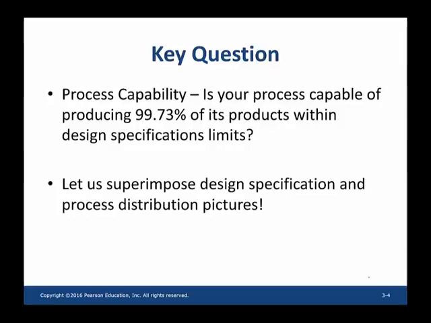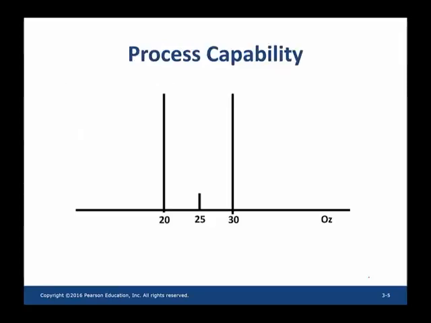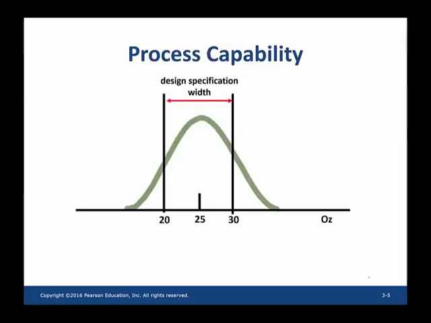Let us see how we can answer that question. To do that, let us superimpose what we saw earlier. One is the design specification, another one is the process distribution. Okay, this is my design specification width of 10 ounces from 20 to 30, and this is my process distribution where the extreme points are 3 standard deviations away from the mean to my left and right.